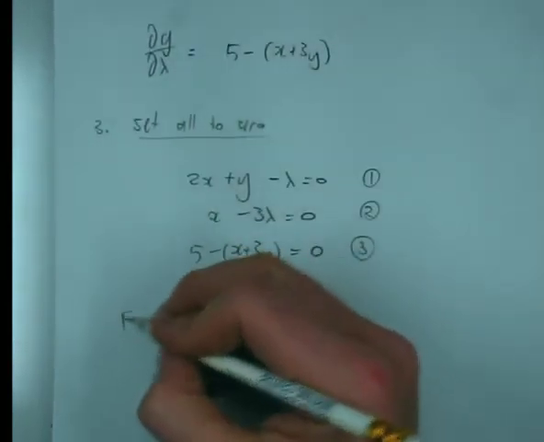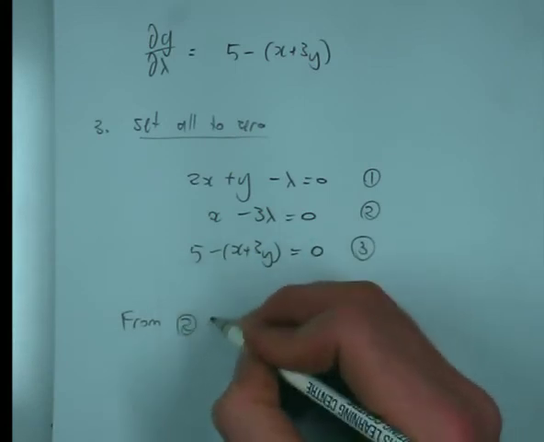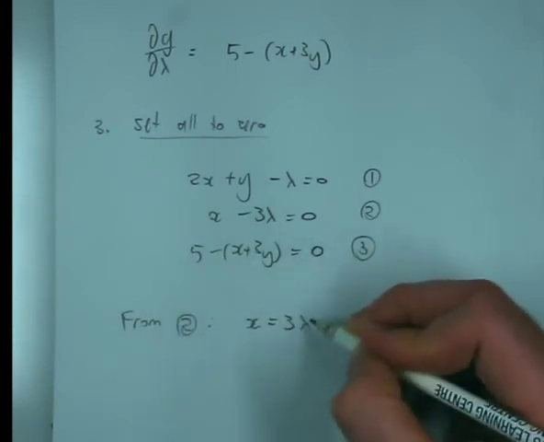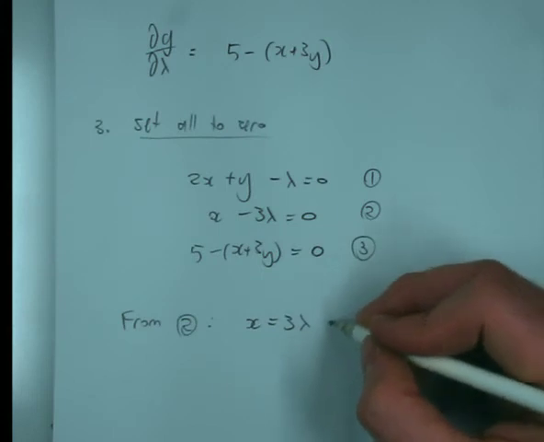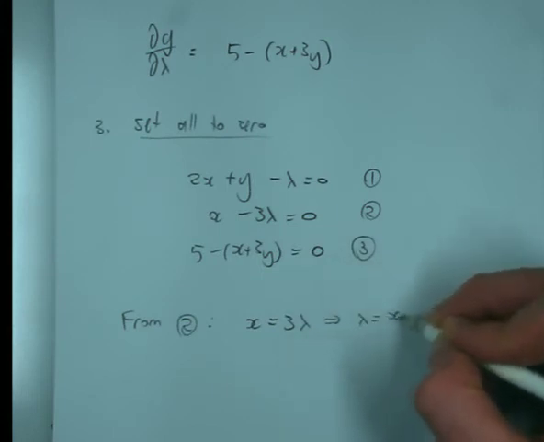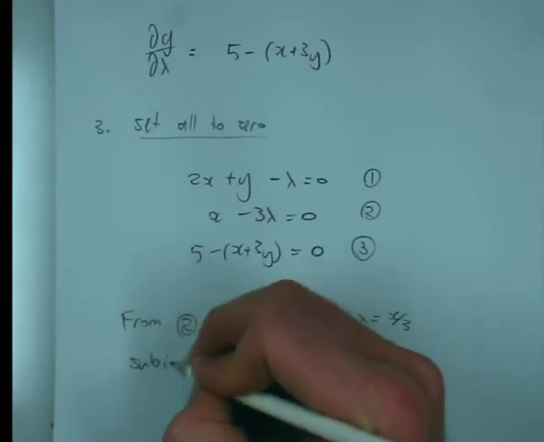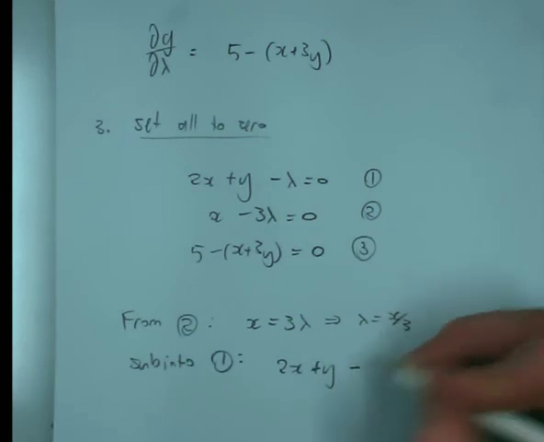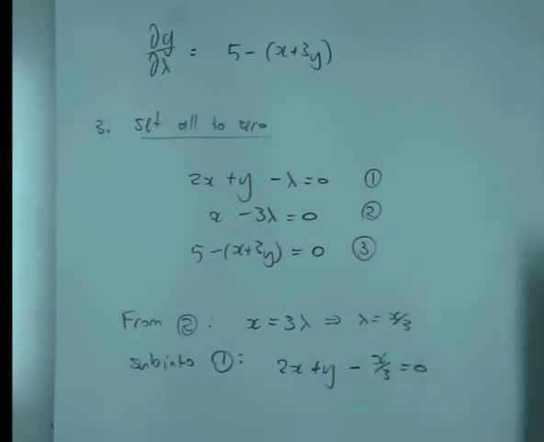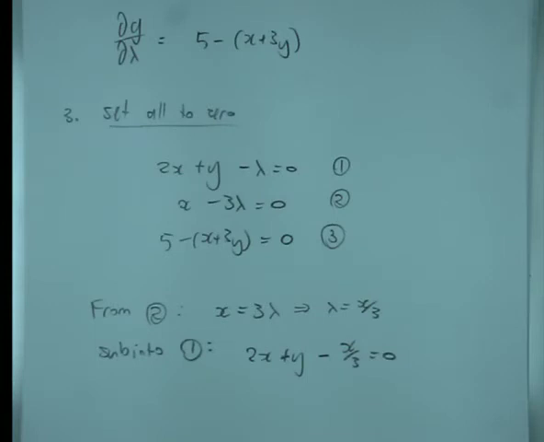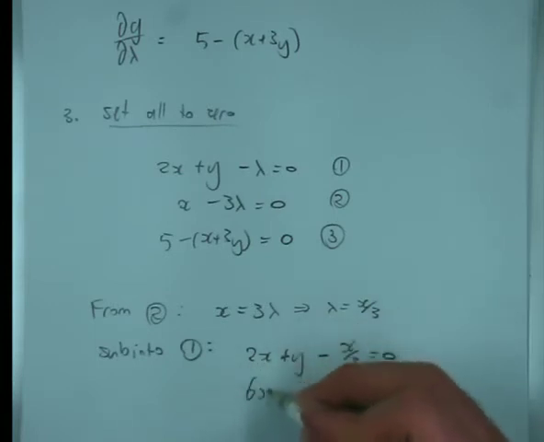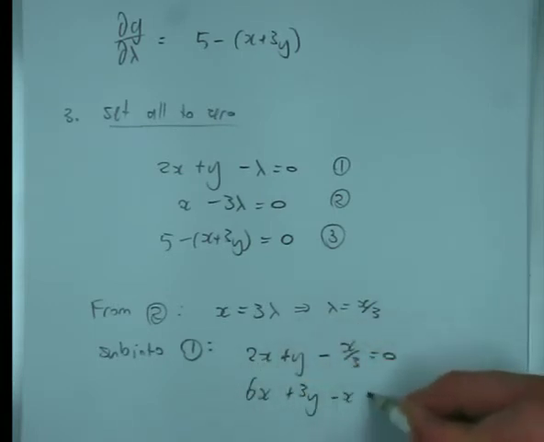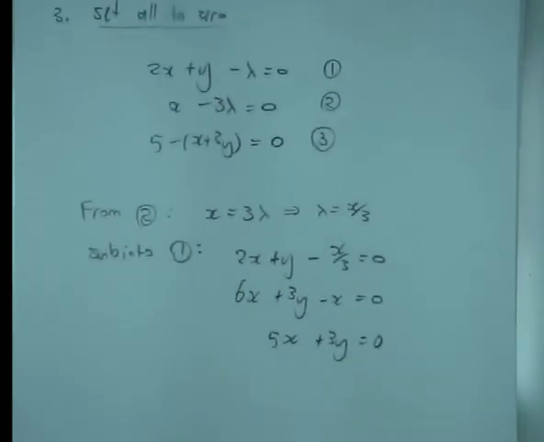I personally would go from number 2, x equals 3 lambda, which means that lambda is x on 3, sub into number 1: 2x plus y minus x on 3 is 0. And I just times everything by 3 to get rid of that x on 3. So we've now got 5x plus 3y equals 0.